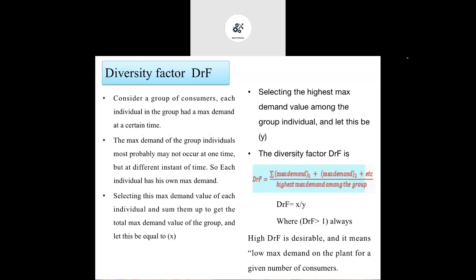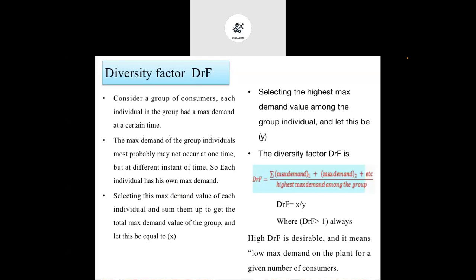Then we have to sum all the maximum demands, and divide it by the highest maximum demand among that particular group. So that will be the diversity factor of that power plant, because each power plant has different customers, a group of individuals having different maximum demands.